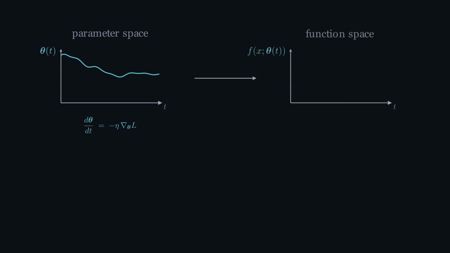I guess one other motivation for training dynamics is also building better interpretability tools. If you look at gradient descent in parameter space, you can push it to a gradient descent equation in function space. How the weights evolve over time is the gradient of the loss. And you can push this dynamical system to function space, where instead of looking at the weights, you look at how the function changes during training.